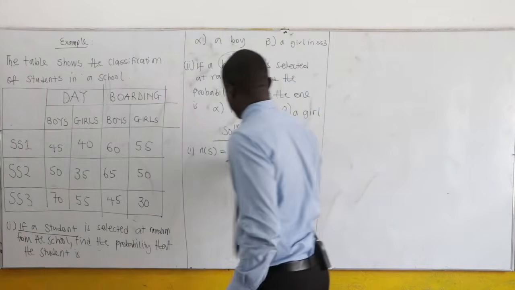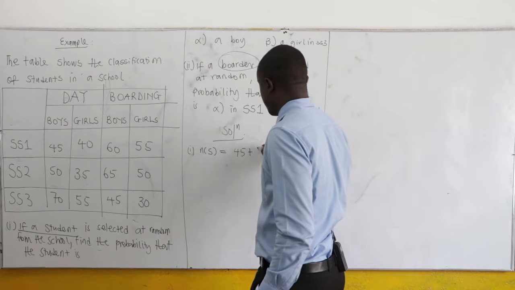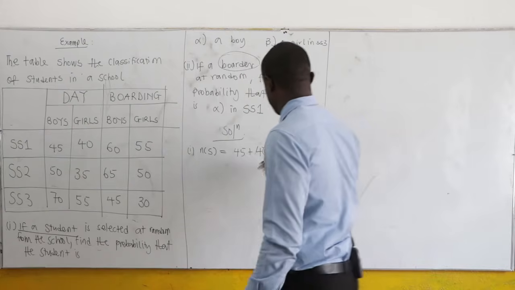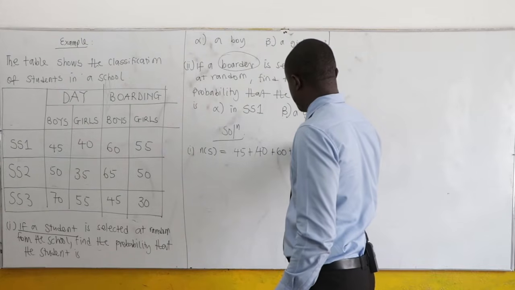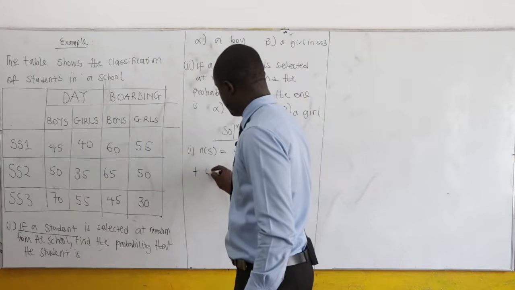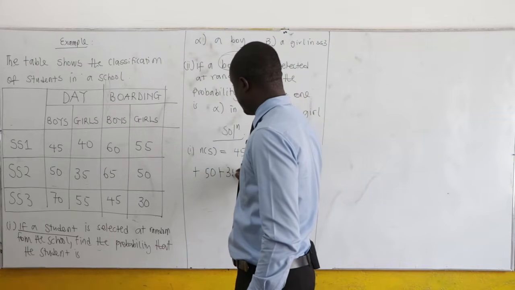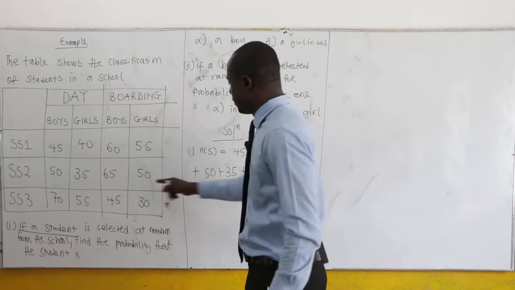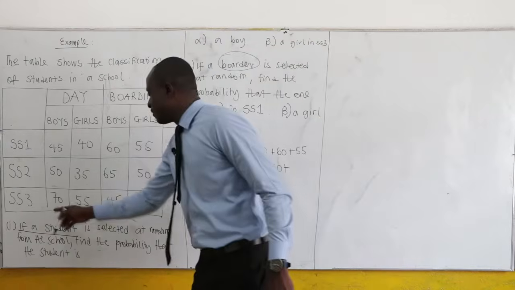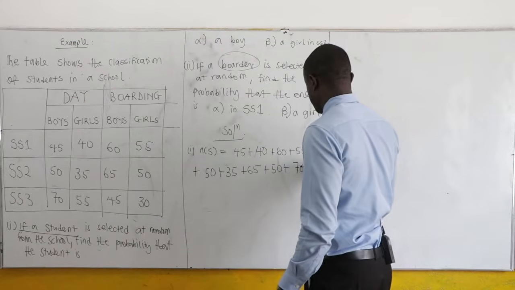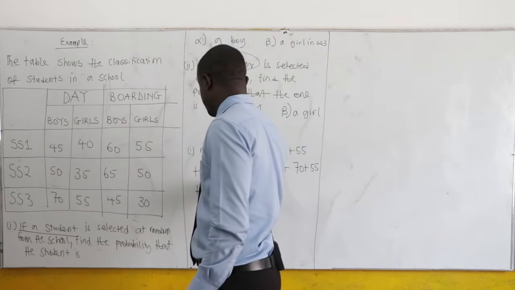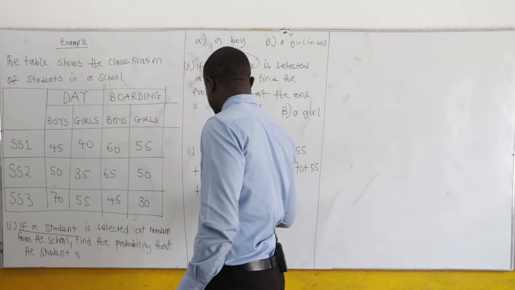So we have 45 plus 40, 60, plus 55, plus 50, plus 35, plus 65, plus 50, plus 70, plus 55, plus 45, plus 30.